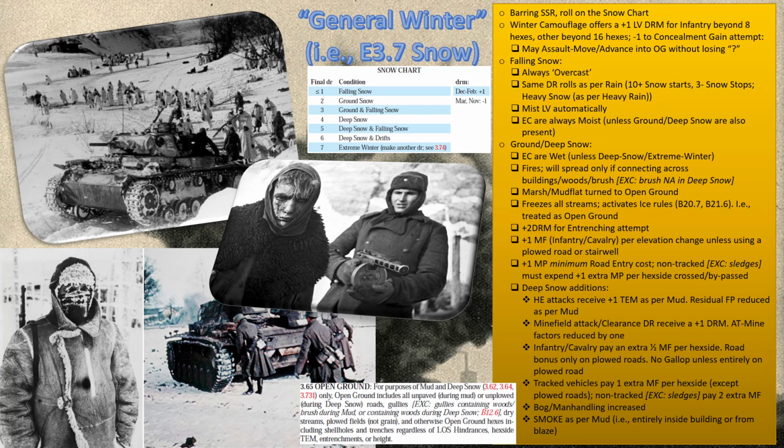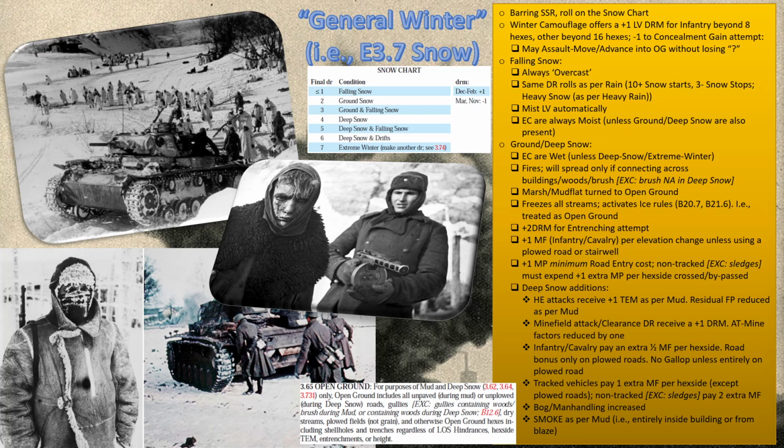And non-tracked, again, the exception being sledges, will pay an extra 2 movement factors per hex side crossed. Obviously, bog and manhandling are going to be increased. And smoke rules are similar to mud, basically, unless it's entirely inside a building or from a blaze, it cannot exist. It just gets sucked up by the snow or blocked.